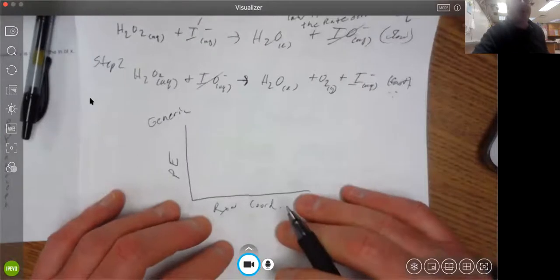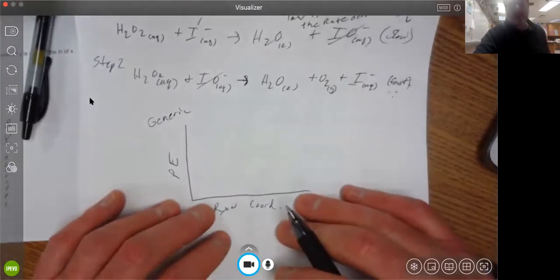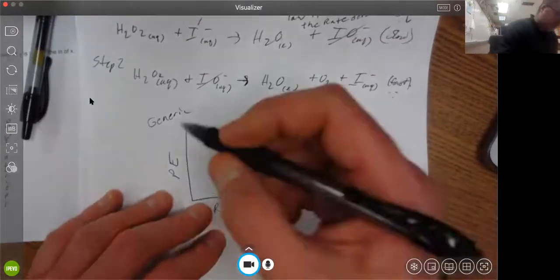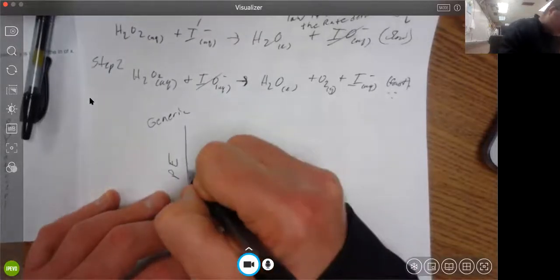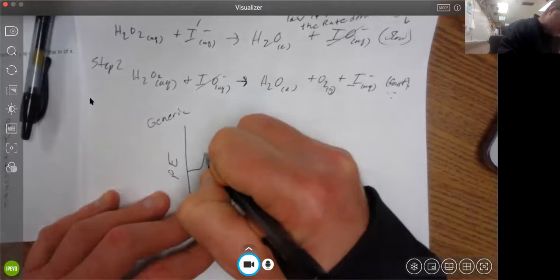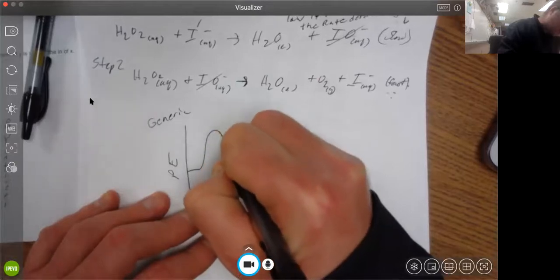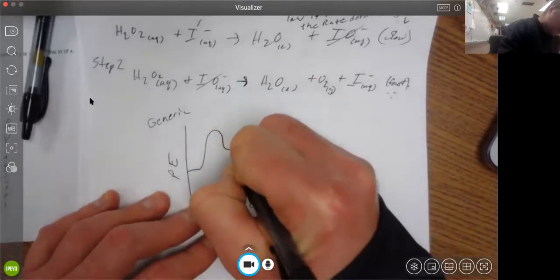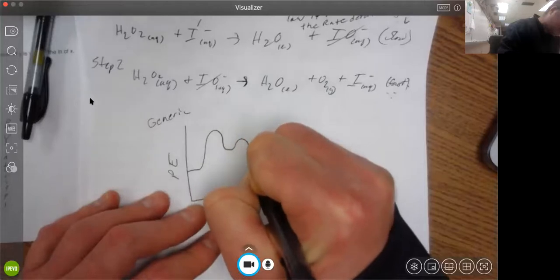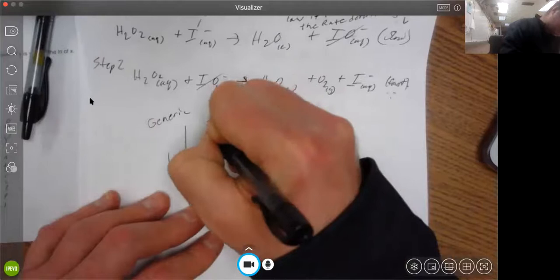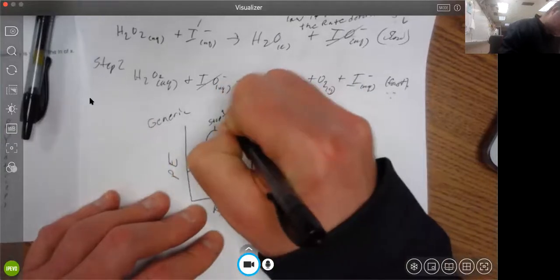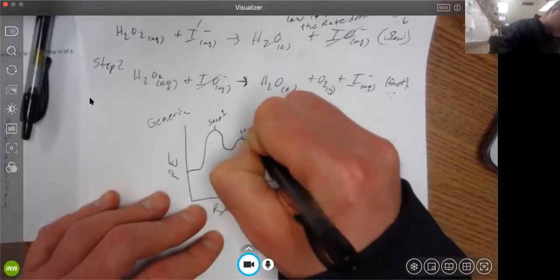Since we have 2 reactions going on, that means that if we look at this potential energy versus the reaction coordinate, we're actually going to have 2 humps. So this would be step 1, and this would be step 2.